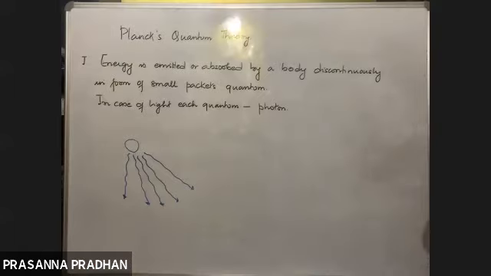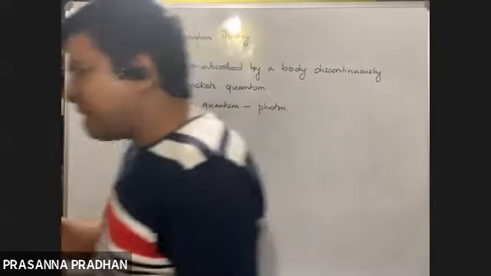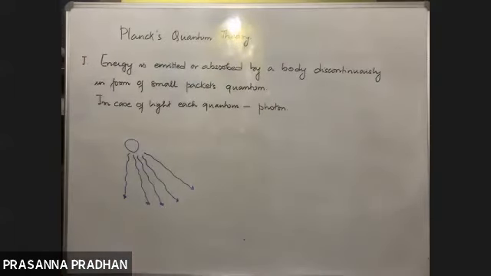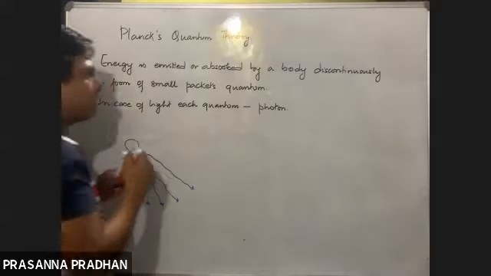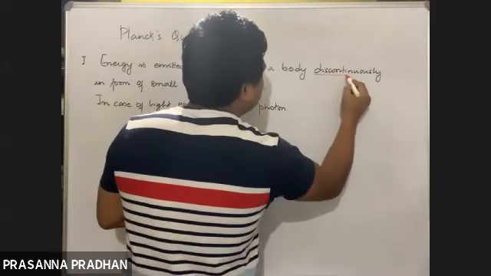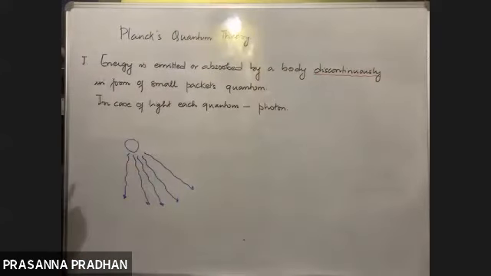If I switch on a bulb, the light rays reach our eye continuously. Sun rays reach our eye continuously. But what does Planck's quantum theory state? Number one, energy is emitted or absorbed discontinuously, not continuously, in the form of small packets of energy called quantum.